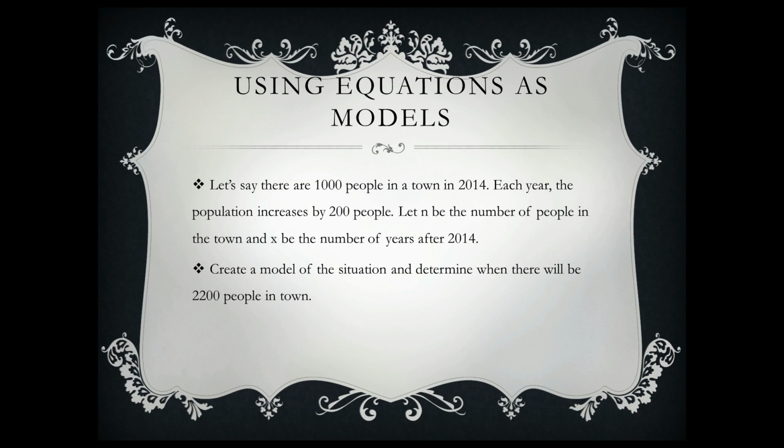So let n be the number of people in the town, and x be the number of years after 2014. The question says to create a model of the situation and determine when there will be 2,200 people in town. So when we create an equation, we want the dependent variable on one side, so that's n, the number of people, and we want the independent variable on the other side, so x.